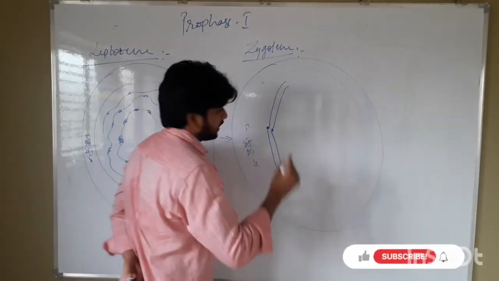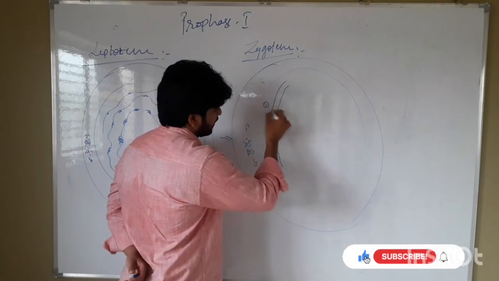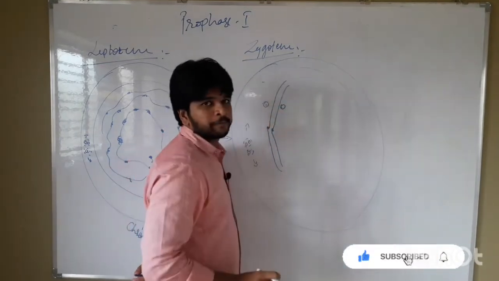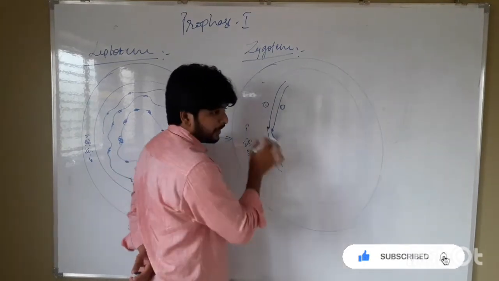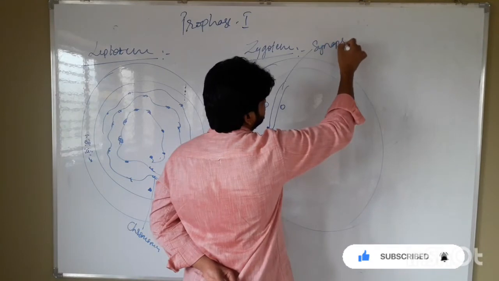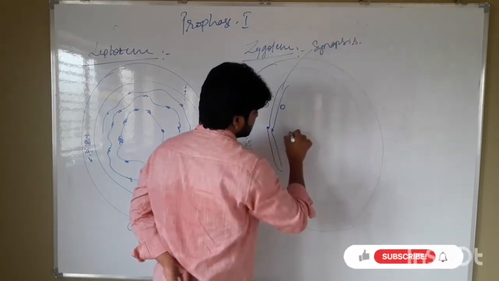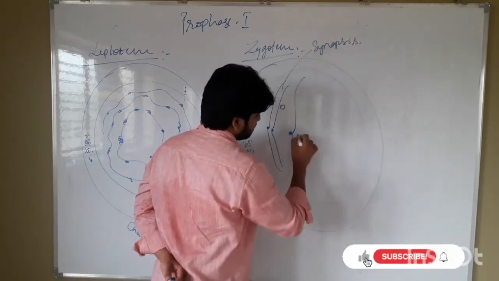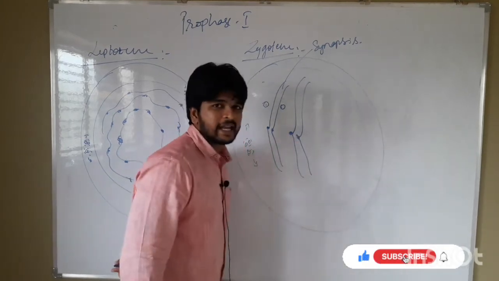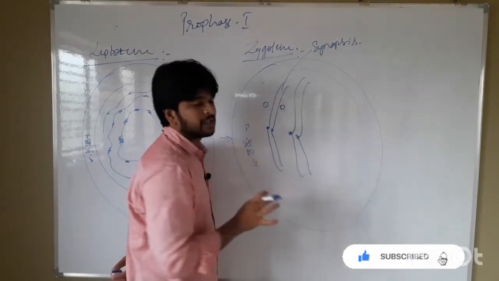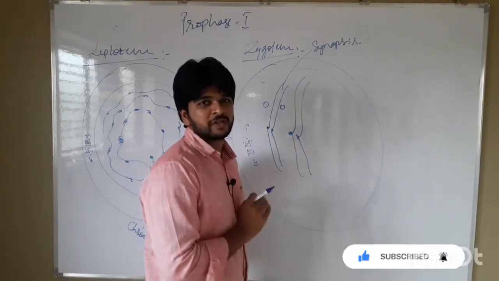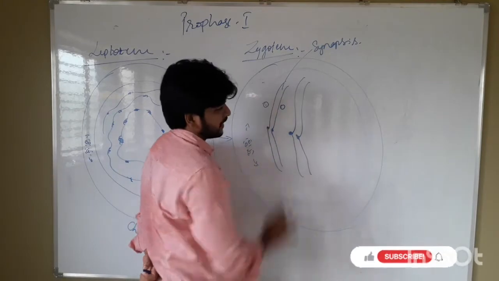For example, chromosome number 1 of a male and chromosome number 1 of a female come together. This process is called pairing, and pairing is called synapsis. Synapsis, the pairing of homologous chromosomes, takes place during zygotene.